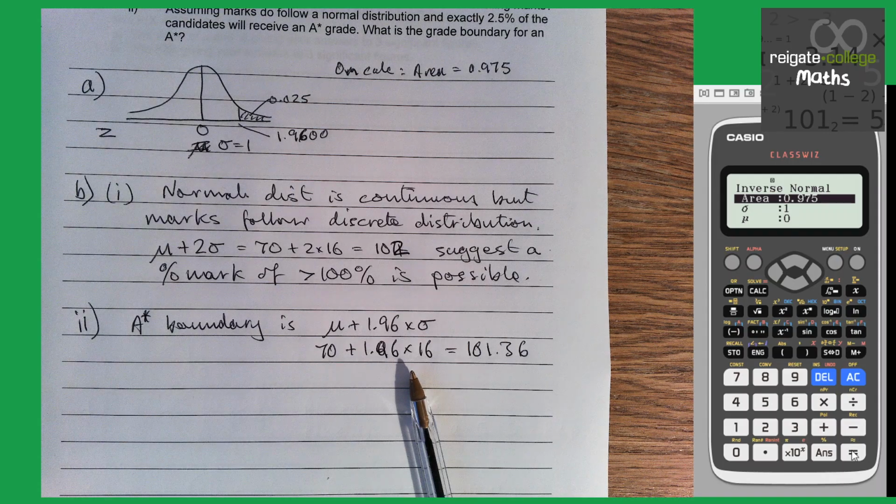So let's go down here and put in standard deviation of 16 and put in a mean of 70, press equals, and there we are, there's our 101.36 that I was telling you about.